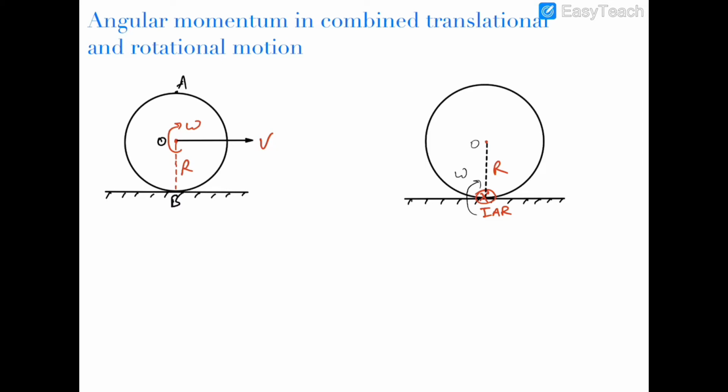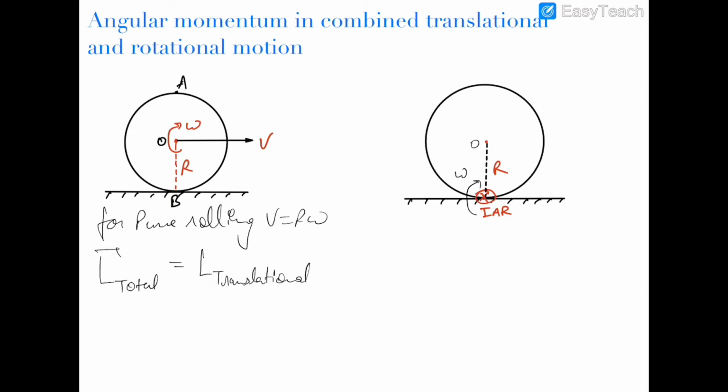So for pure rolling, v will be equal to R omega, obviously. And now the angular momentum of this object would be the sum of angular momentum of this object due to its translational motion as well as due to its rotational motion, and this is the vector sum.